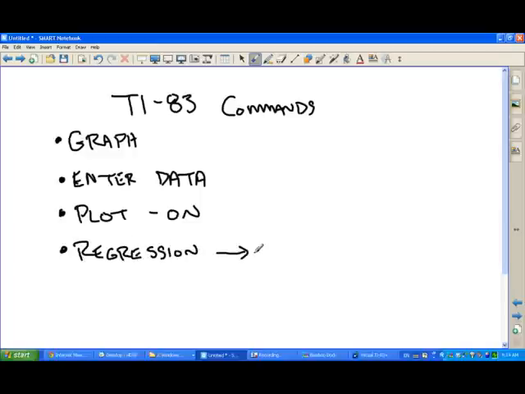You need to be able to perform regression and find the R-squared values. And I just showed you again how to find the intersection of two curves and how to find the y value of a curve at a certain x value. Okay, if you can do these things, you're going to be in good shape for the TIPS assignment on Monday.